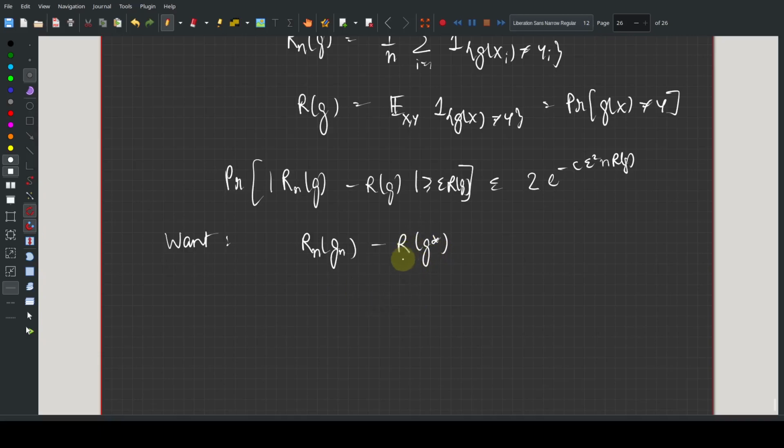So this is the optimal risk that I can possibly obtain using the best possible G star. But this Rn of Gn is not that simple, right? Because Gn itself is a function of the n random variables. It's not a fixed function anymore, right?